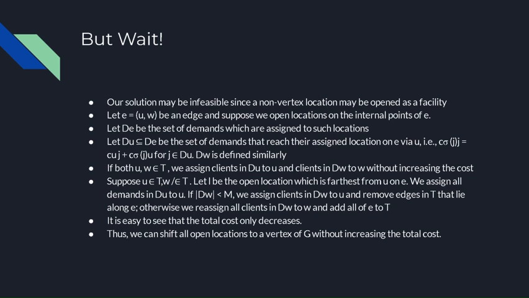And if say the case is that U is in the tree and W is not in the tree, then let L be the location that is farthest from U. Now what we will do is we'll see if the demand at W is less than M, then we will assign DW as well as DU both to U, and we'll remove all the edges in T that lie along the edge E, that connect these points through W. And if that is not the case, so if the demand at DW is greater, then we have no problem opening a facility there.